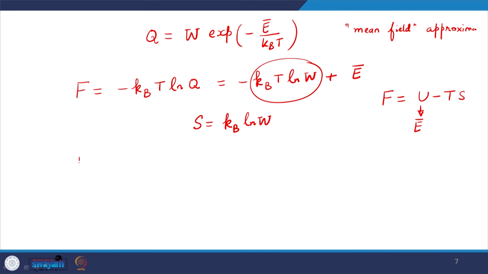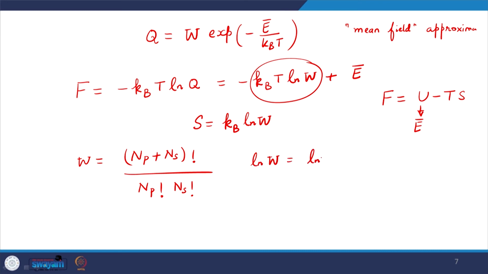So, now since W is equal to Np plus Ns factorial divided by Np factorial Ns factorial, ln of W is ln of Np plus Ns factorial minus ln of Np factorial minus ln of Ns factorial. Again we use the Stirling approximation.